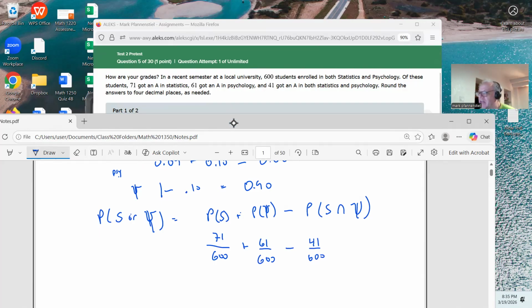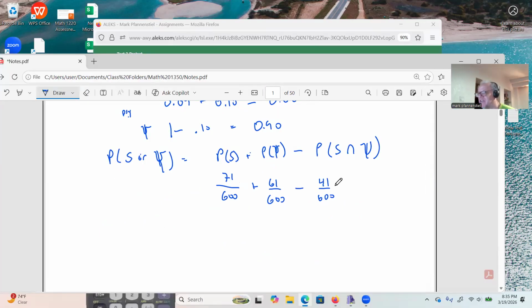I know when you're looking at the fractions, you're like, fractions are scary. You're allowed to convert them to decimals. But before we do that, these all have the same common denominator. Can I just add these? Yeah, sure you can. So 71, 61 minus 41.